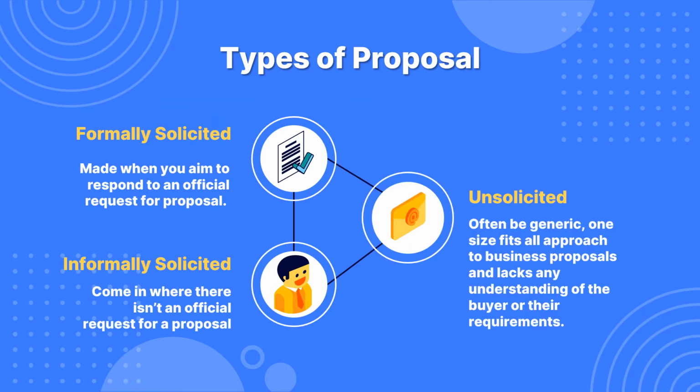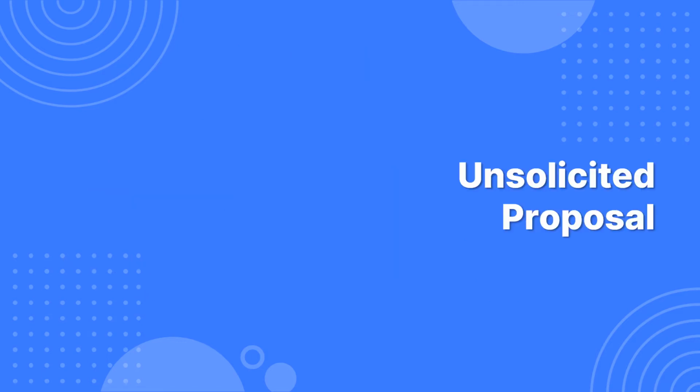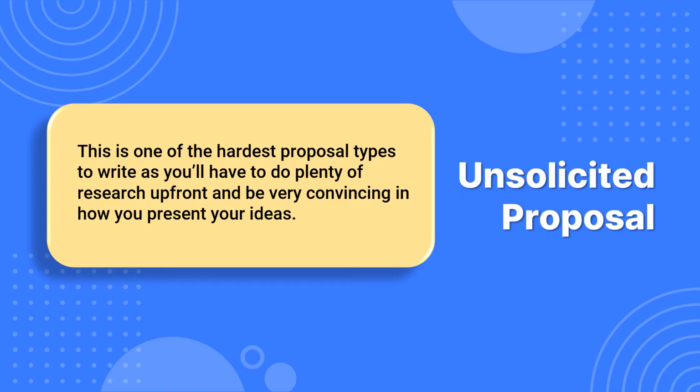The third is unsolicited. Unsolicited business proposals will often be a generic, one-size-fits-all approach to business proposals, and lack any understanding of the buyer or their requirements. This is one of the hardest proposal types to write, as you'll have to do plenty of research upfront and be very convincing in how you present your ideas.